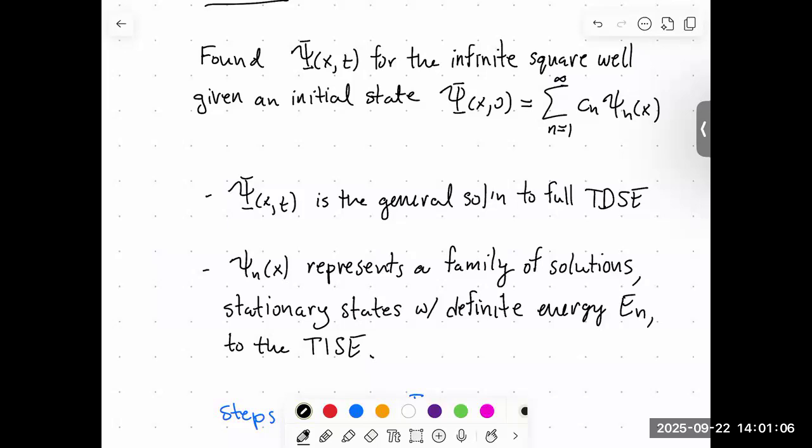The full capital psi of x and t is the general solution to the full time-dependent Schrodinger equation, and the little psi n of x is a family of solutions to the time-independent Schrodinger equation. We could also determine the energy of each of those stationary states.